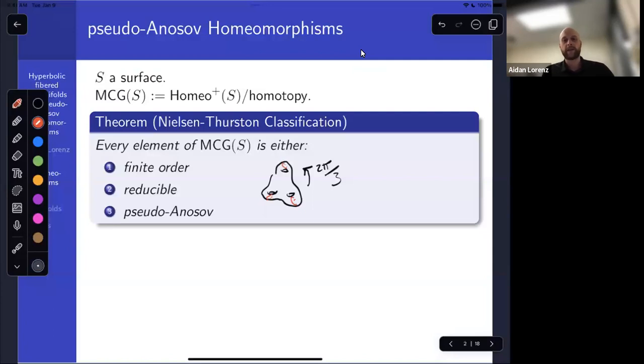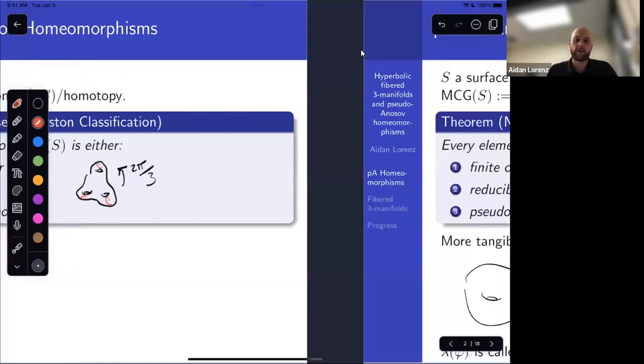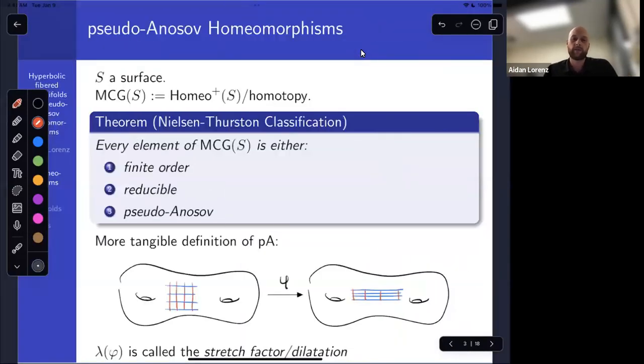But if you take that as your definition, then this theorem isn't much of a theorem. So luckily, there's a more tangible definition of what it means to be pseudo-Anosov. I won't write down the formal definition because it's a little long-winded and complicated. But the idea is that a pseudo-Anosov takes your surface, stretches it in one direction, and compresses it in a transverse direction.